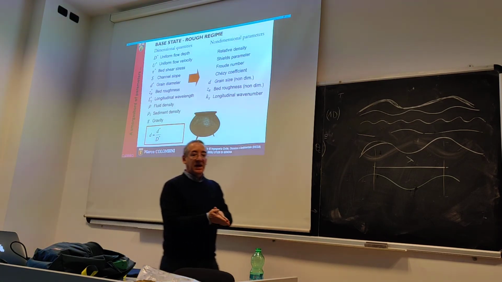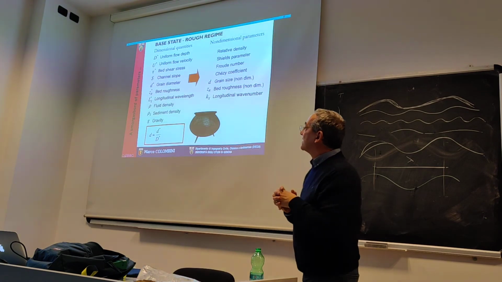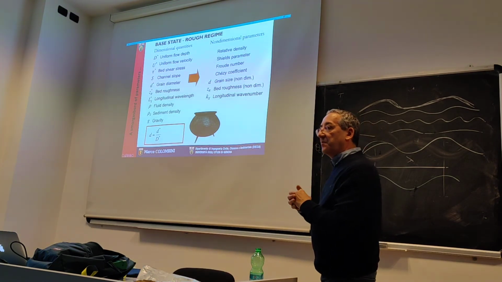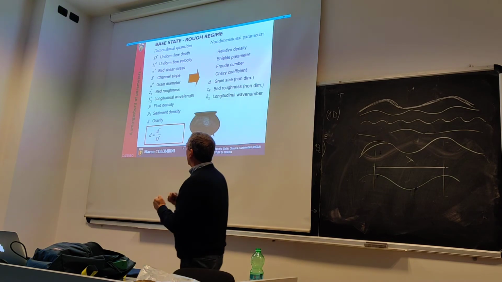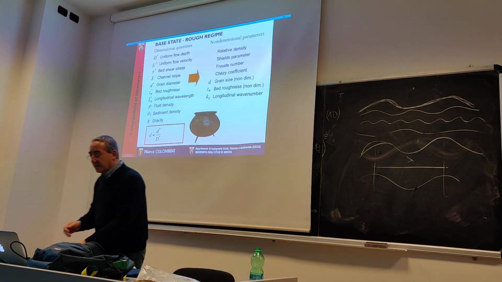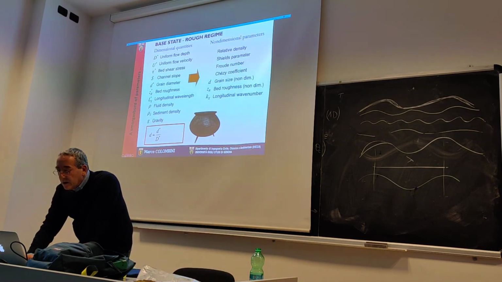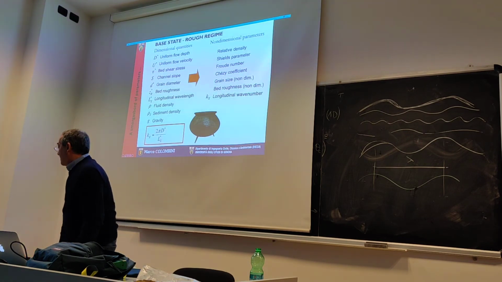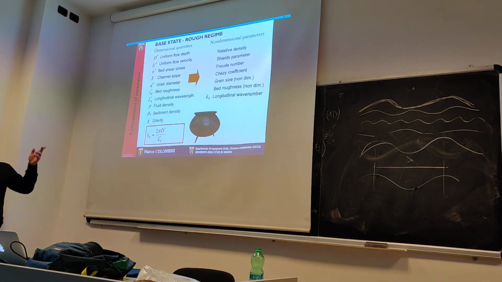So we can have deeper flow and coarser sediment treated the same way as shallower flow and finer material. Roughness, I already mentioned this, is the ratio of the roughness of the bed, which is proportional to the grain size, and the flow depth.